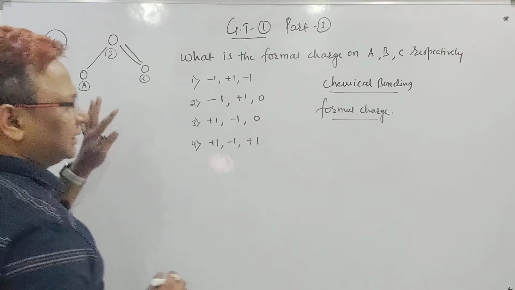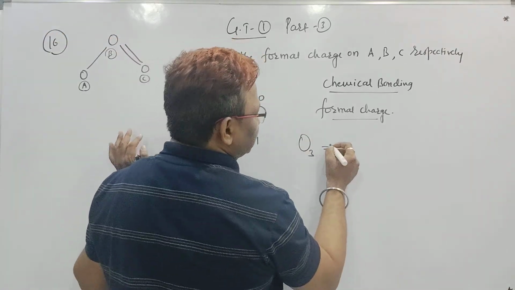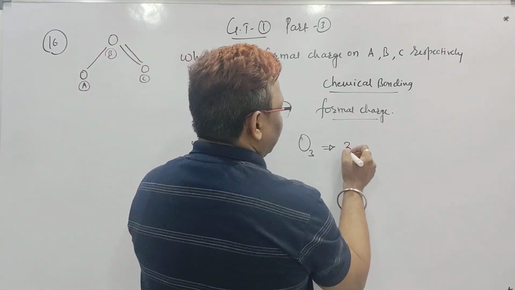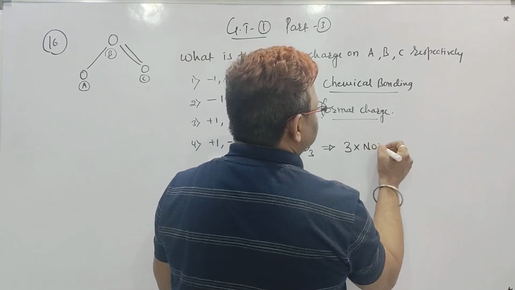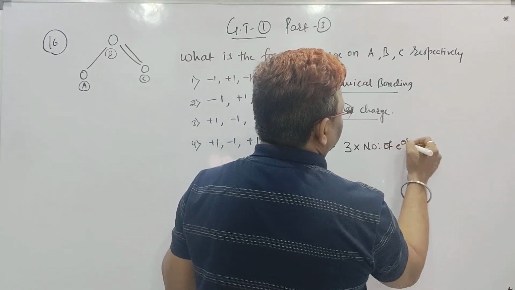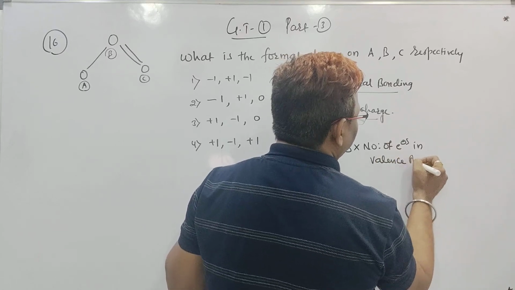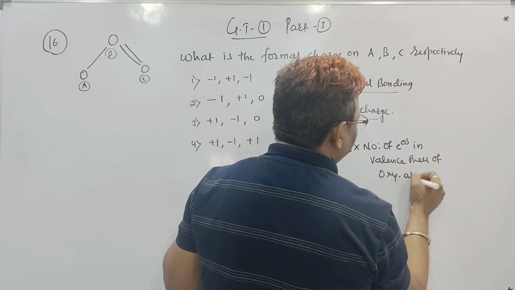What is the rule? Let us go with an example here. They give the ozone molecule. So first of all, find out how many oxygens are there. So 3 into the number of electrons in the valence shell of an oxygen atom.